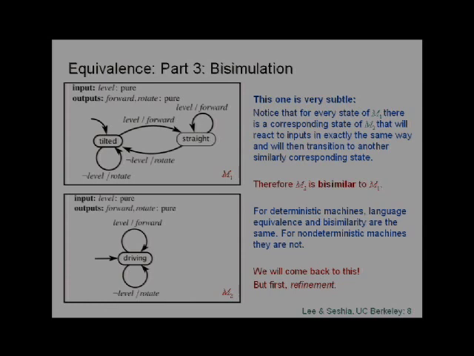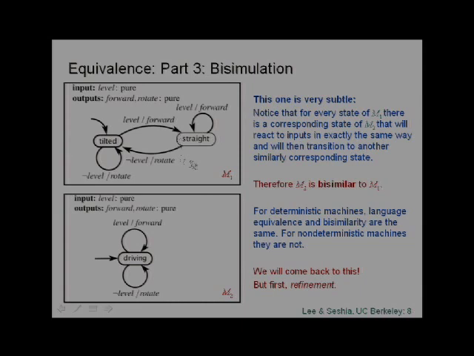And it has a very precise meaning, which is you have one machine, and that machine can take the same transitions or same steps that the other machine can. Okay? So specifically, for every state of, let's say, machine M1, let's look at the tilted state, there is a corresponding state of M2.